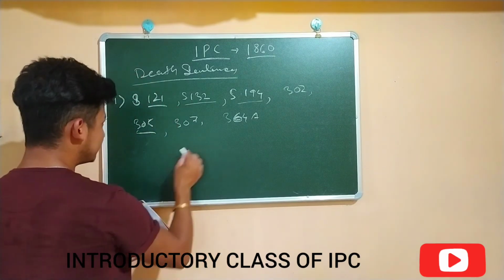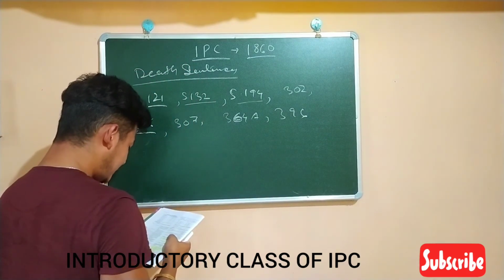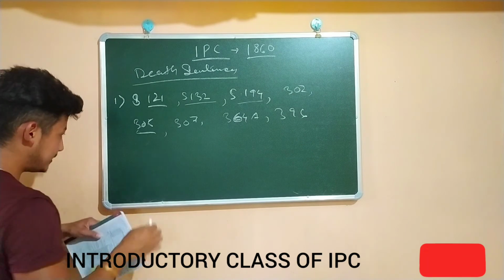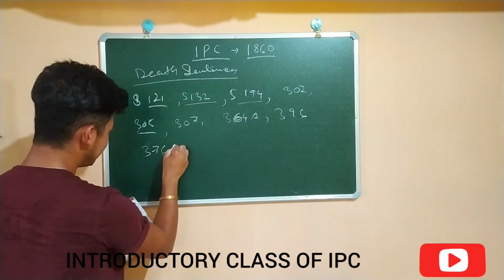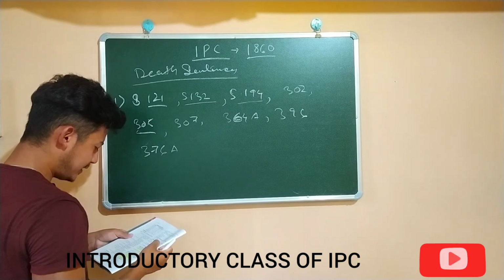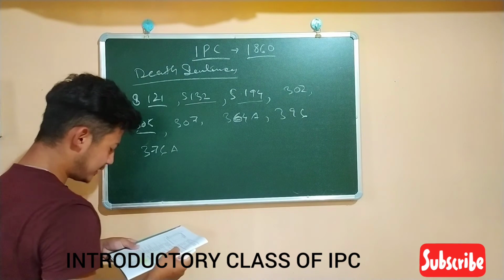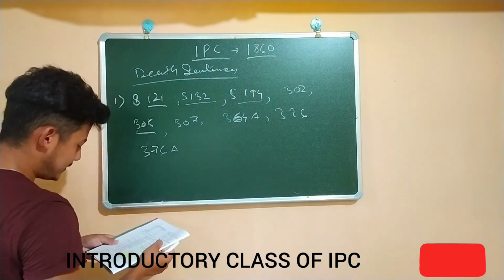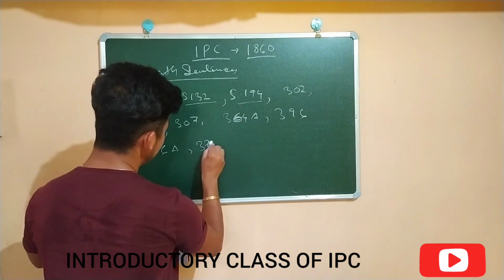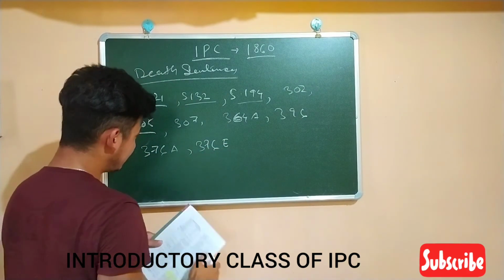Then comes 396, dacoity with murder. And 376A, punishment for causing death or resulting in persistent vegetative state of victim. Then comes 376E, that is punishment for repeat offenders.